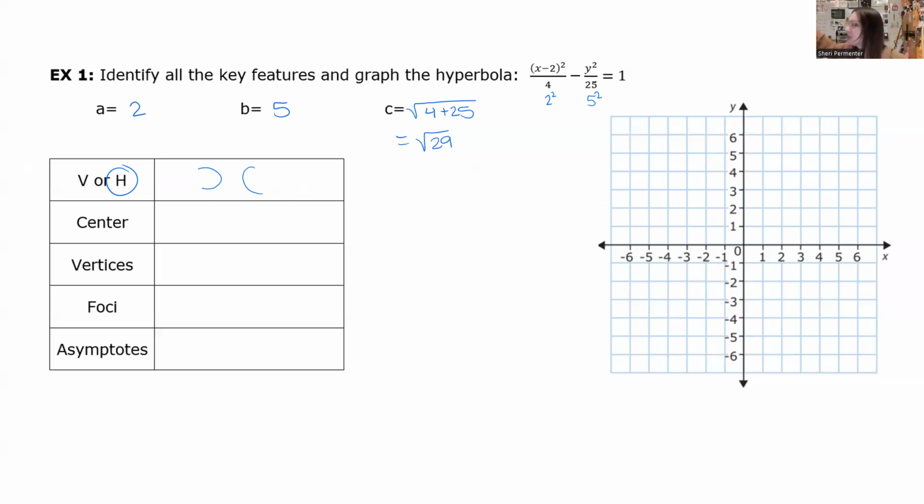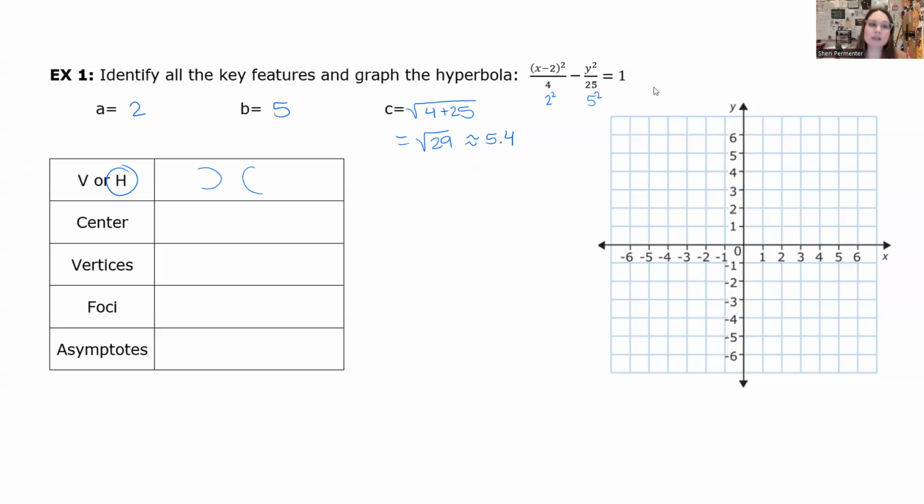Okay, so it's going to be somewhere less than 5.5. So let's say 5.4. We don't have to have an exact value. We're graphing. Nobody's going to know if you plot 5.4 or 5.6. It's somewhere between 5 and 6. So that is our C value.